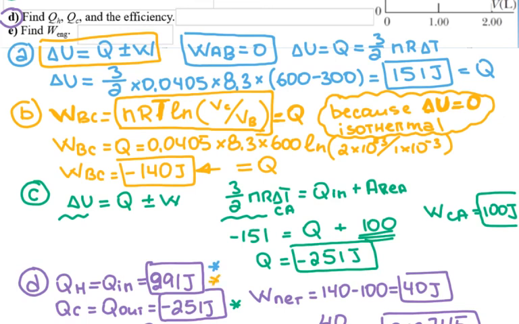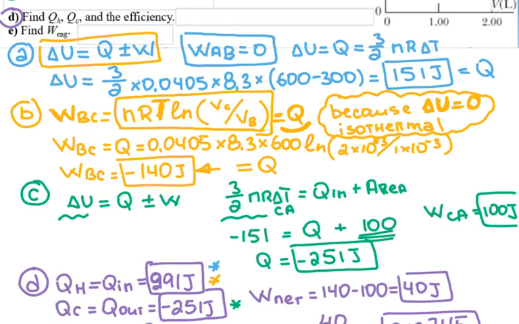I have the heat in B is 140, but the work is negative, but the heat is positive. And in A I have 151. So 151 and 140 will give me 291.